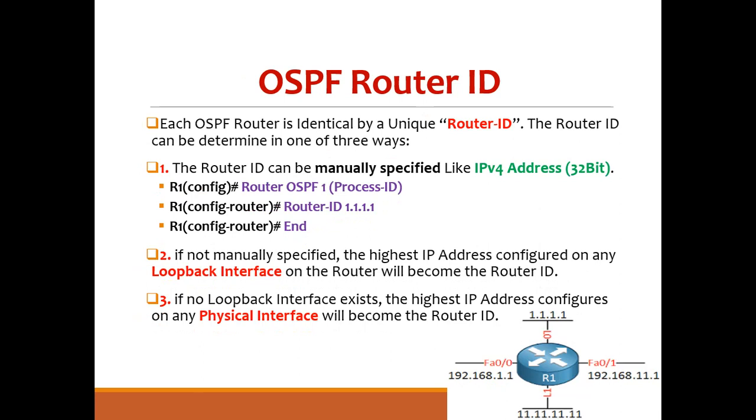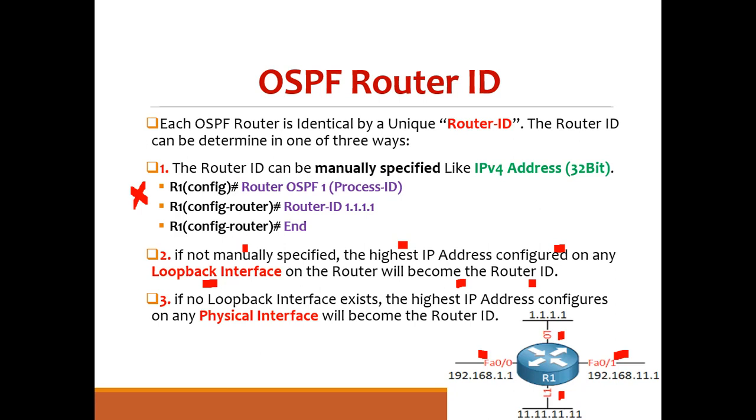But if you have not configured it manually, then the second process says: the highest IP address configured on any loopback interface of the router will become the router ID automatically. According to this router, it has 2 physical interfaces, F0/0 and F0/1, and 2 loopback interfaces, loopback 0 and loopback 1.